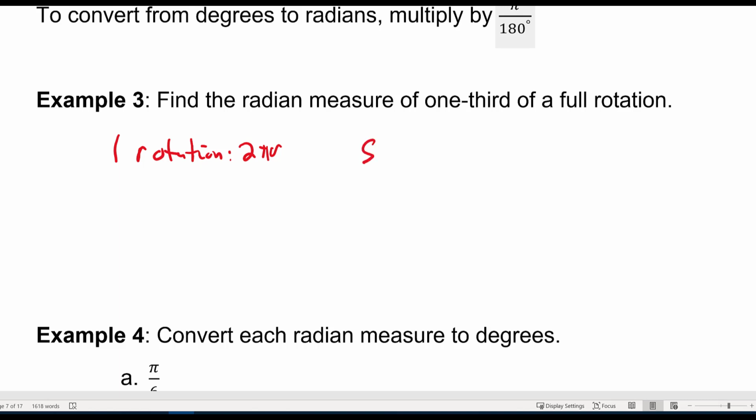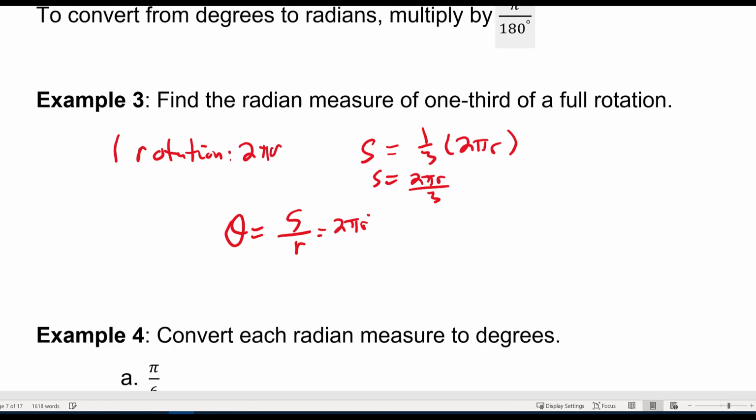So our arc length in this case is going to be 1/3 times 2 pi r, or S is going to be 2 pi r divided by 3. And so the radian measure is the arc length divided by the radius. So our theta would be S over r, so 2 pi r over 3 divided by r.